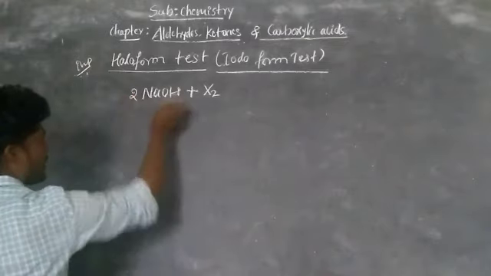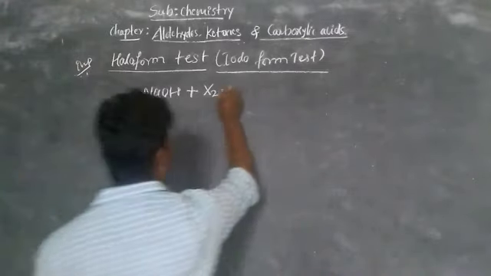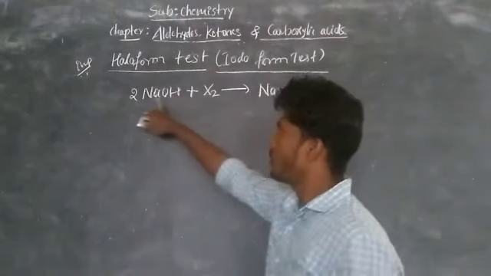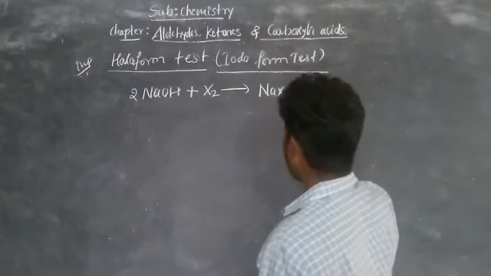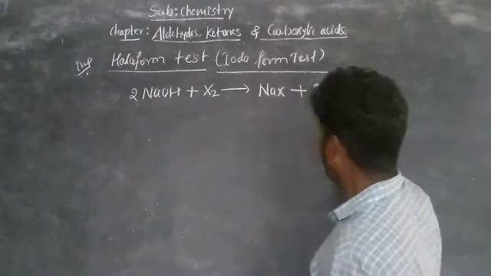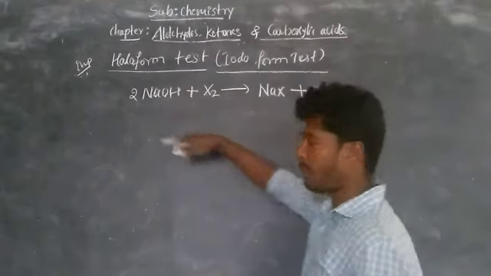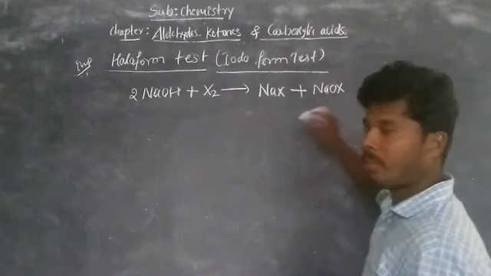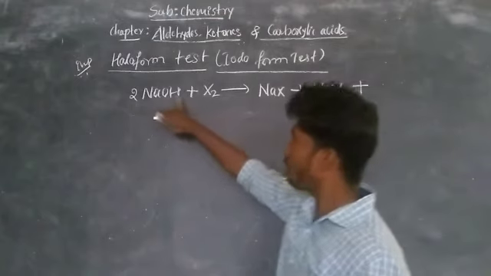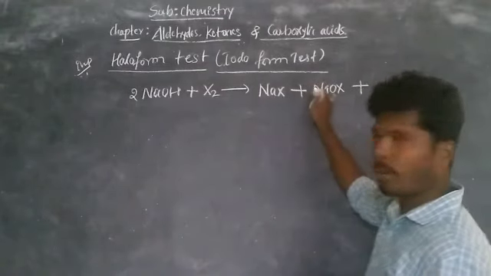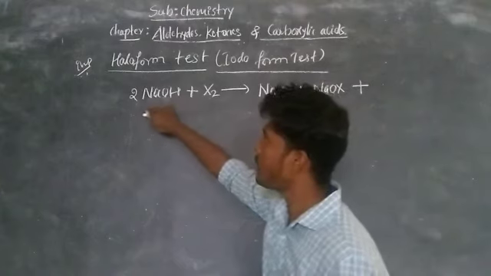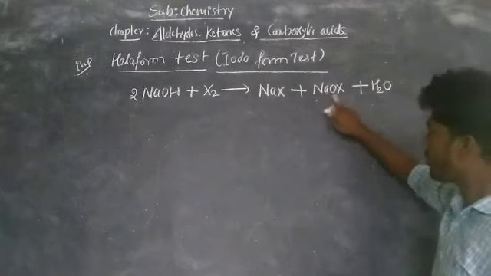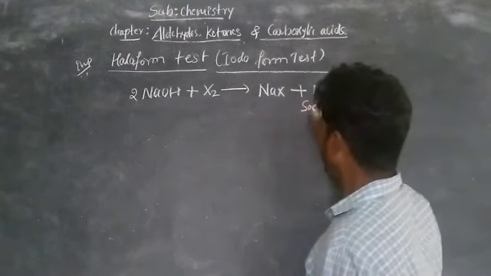Sodium hydroxide treated with halogen X2 gives NaX, sodium halide, plus NaOX, sodium with oxygen and one more halogen atom. Observe here there are two hydrogens on the left, and no hydrogen in these products. Two hydrogens and one oxygen become H2O. Here one oxygen is already present. This is called sodium hypohalide.